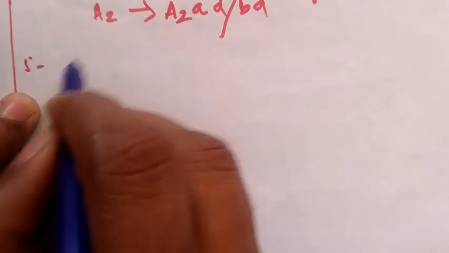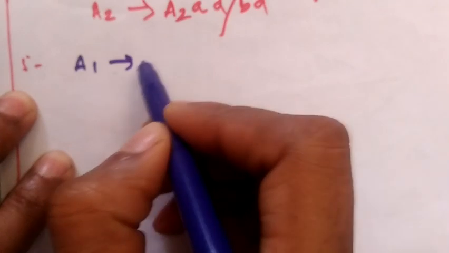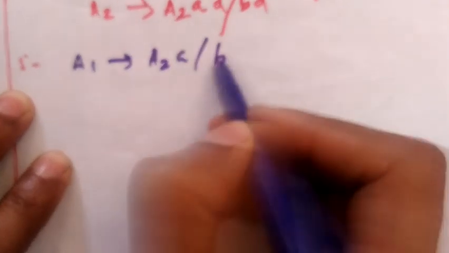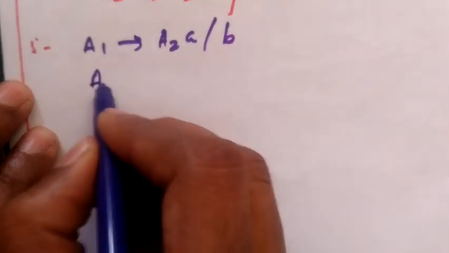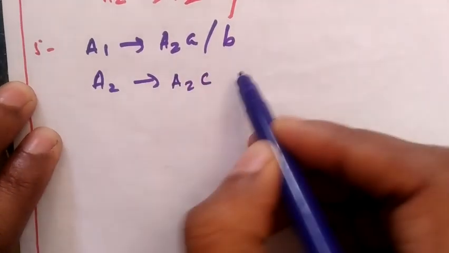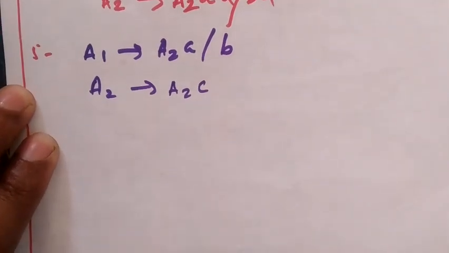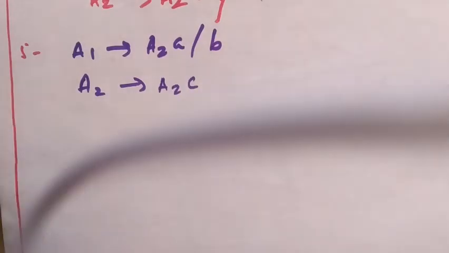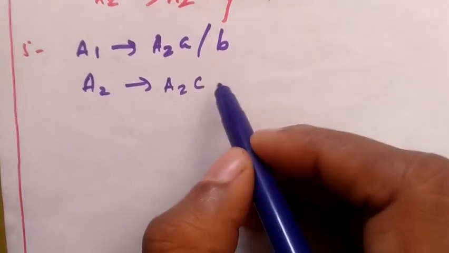All productions we will write. Productions are A1 gives A2A or B, then A2 gives A2C, and A1D will be replaced.